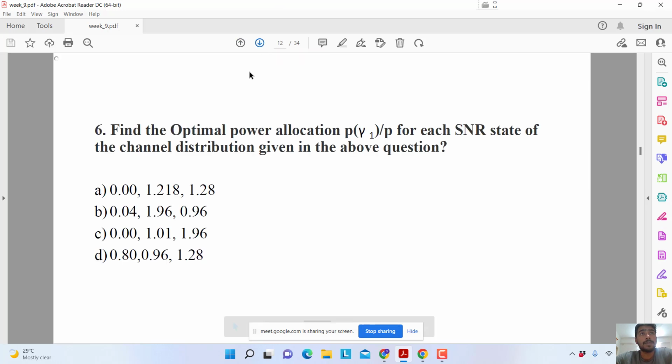Question number 6 is also related to the previous one. The question is: find the optimal power allocation for each SNR state of the channel distribution given in the above question.